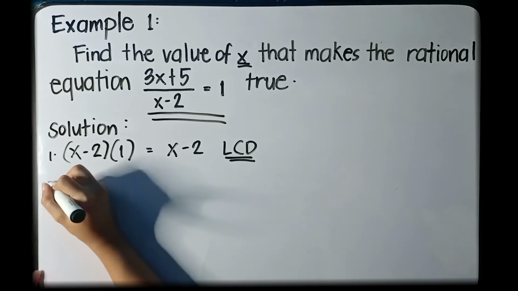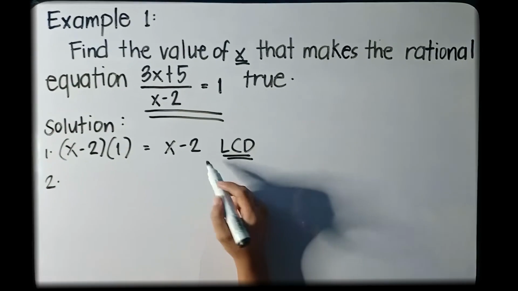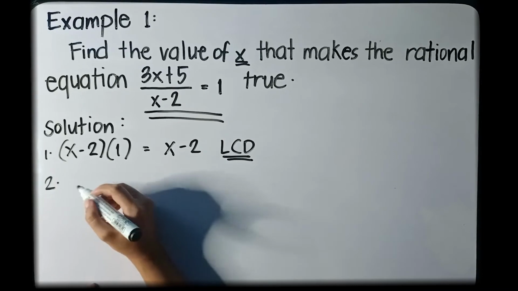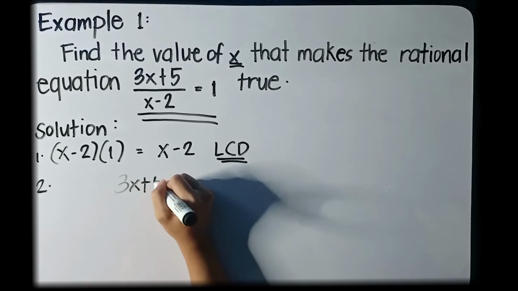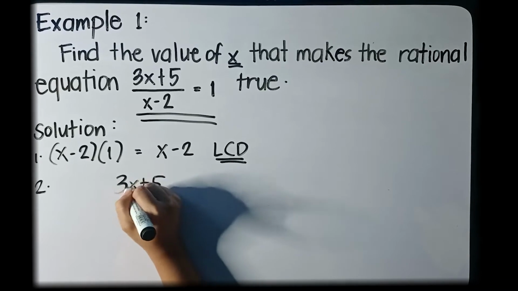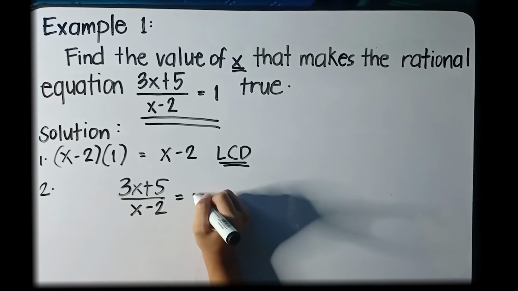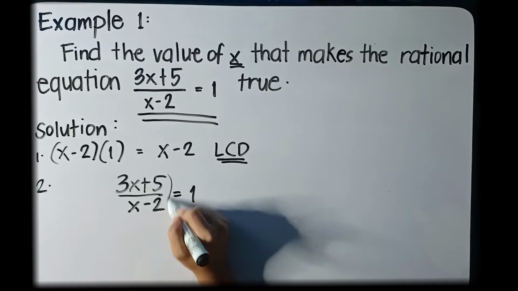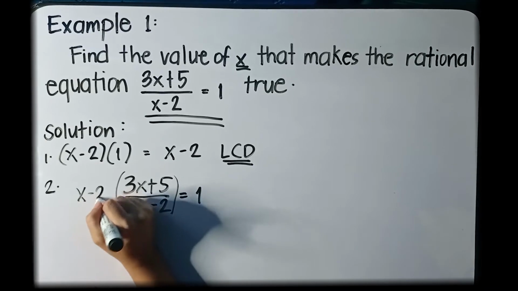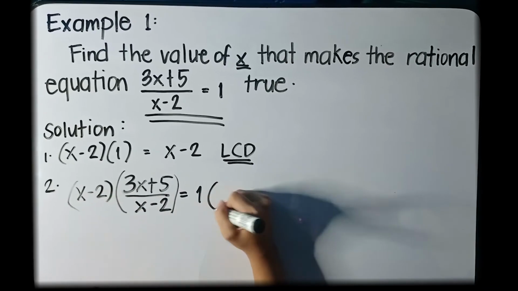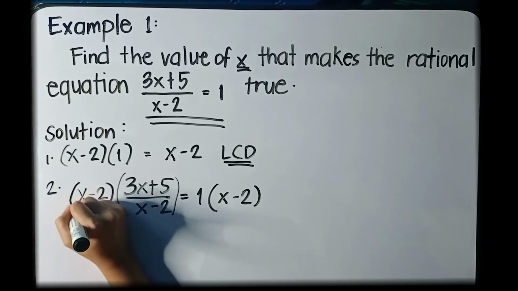For the second step, we need to multiply all of your terms by the LCD. So we have your rational equation (3x plus 5) over (x minus 2) equals 1. Multiplying the LCD to both sides, we have x minus 2 here and also x minus 2 on the right side.